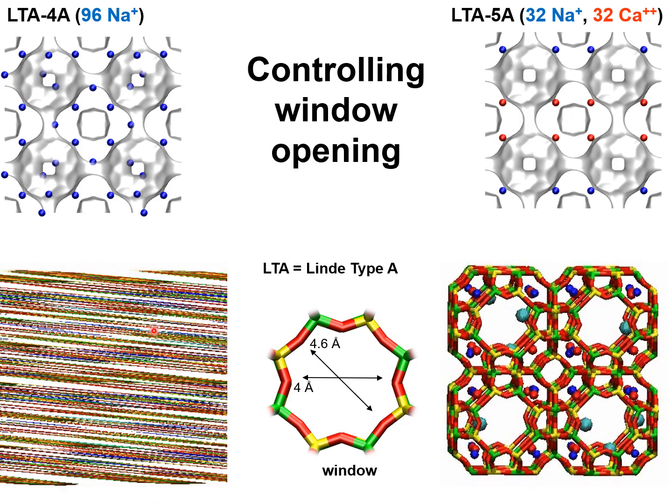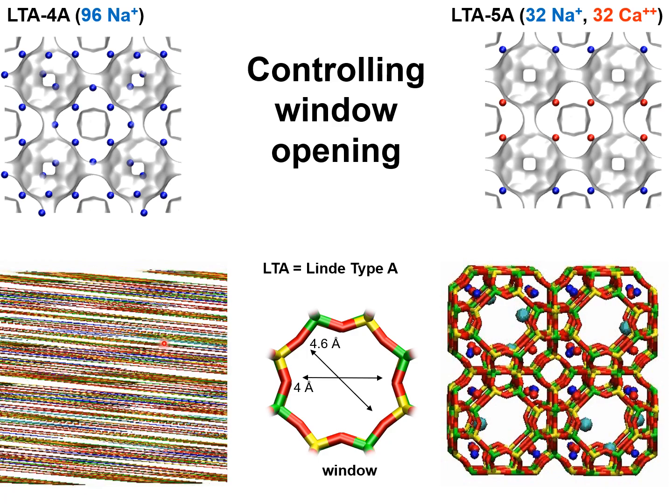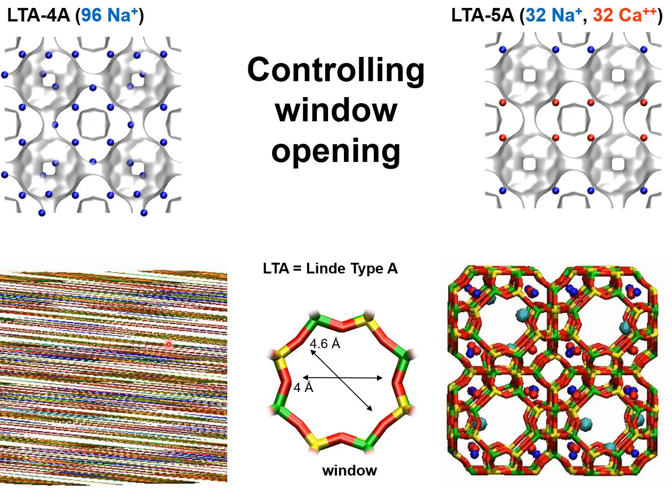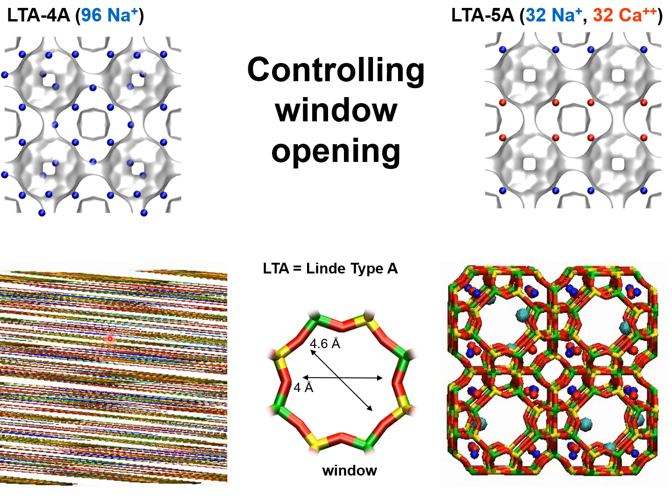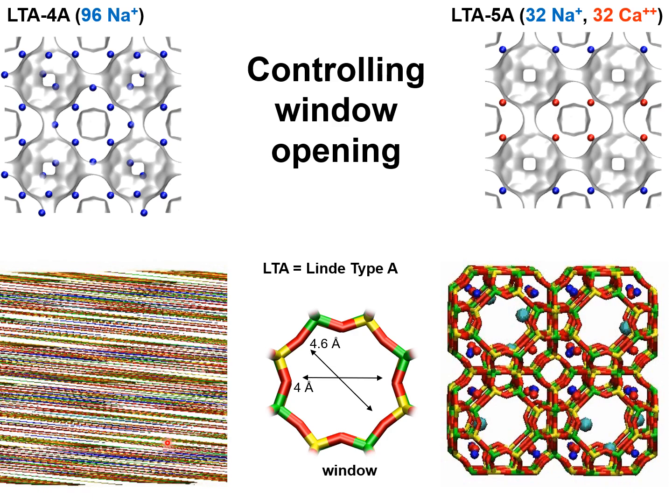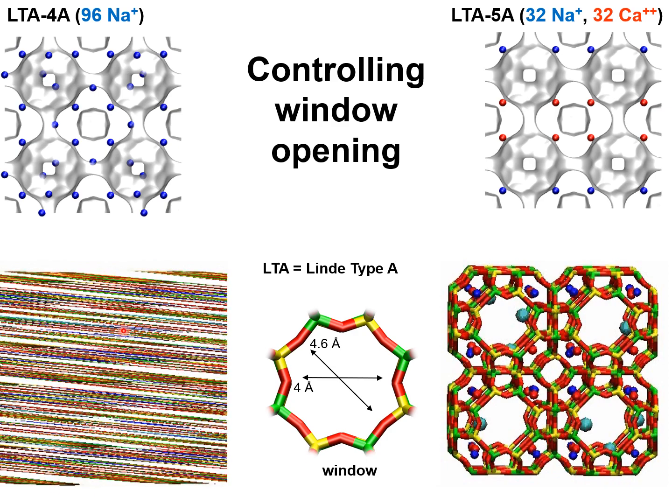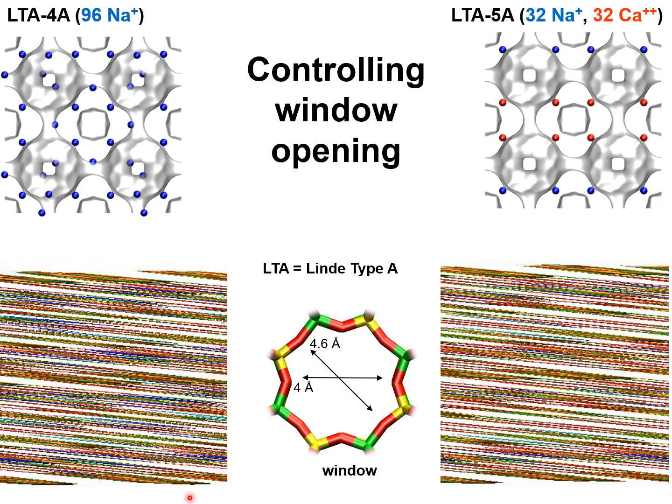Here we see the motion of methane within the cages of LTA-4A zeolite. The blue spheres are the cations, and the cations are to be found in the window regions, as you can see. Due to the presence of the cations at the window region, the intercage hopping of methane is hindered significantly.